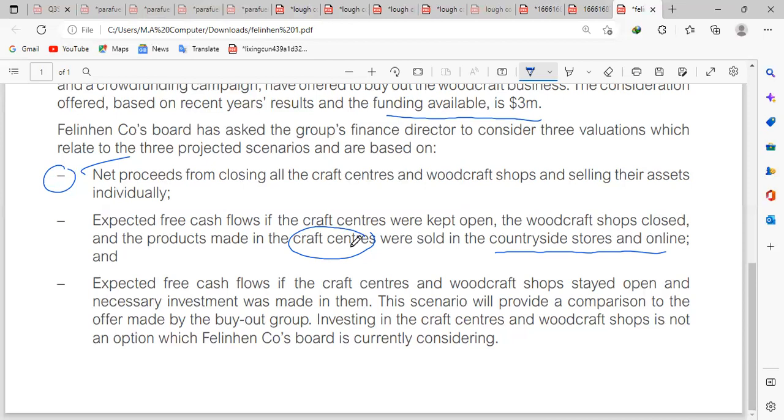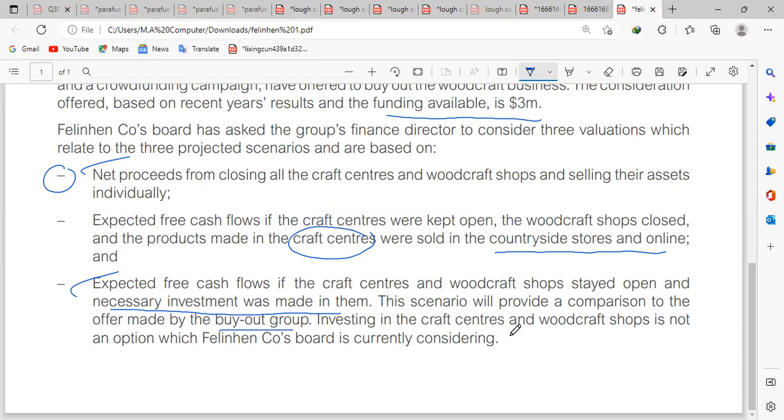And in the third part, the examiner is saying expected free cash flows if the craft centers and the woodcraft shops stayed open and you are going to do the necessary investments in them. The scenario will provide a comparison to the offer made by the buyout group. What was the buyout group's offer, guys? 3 million.